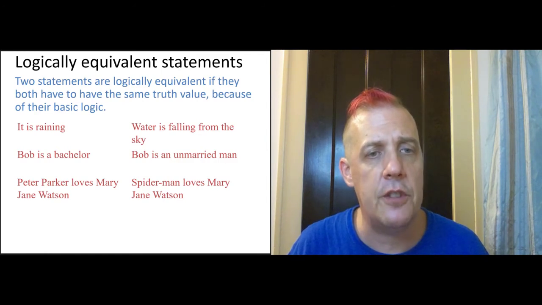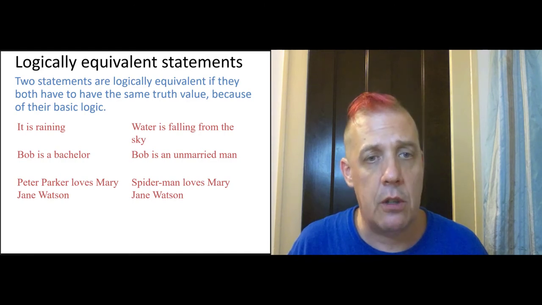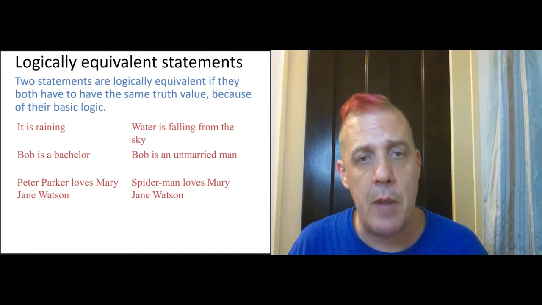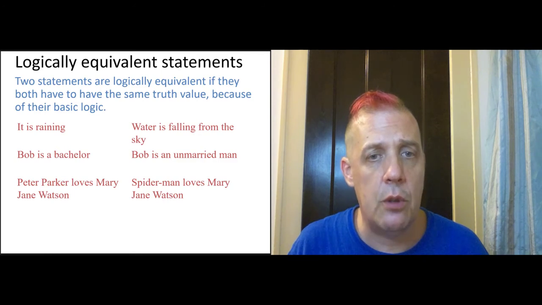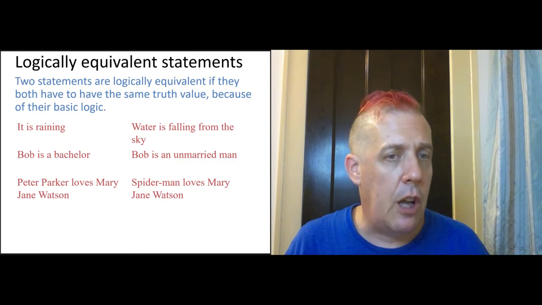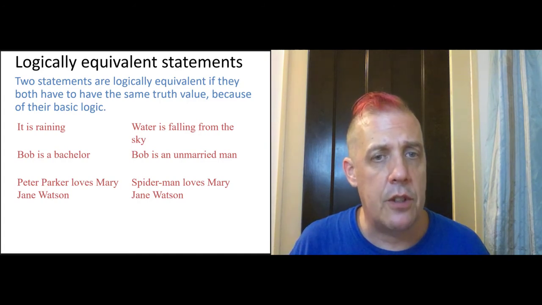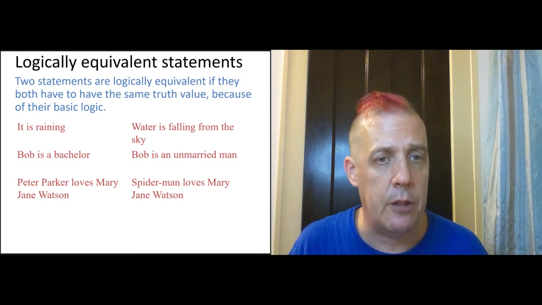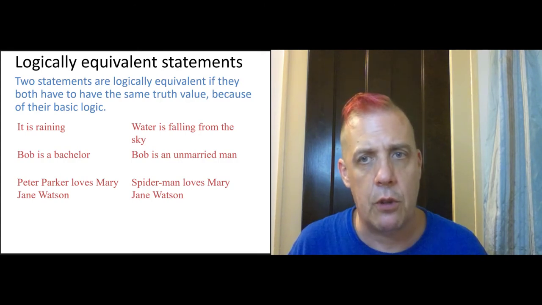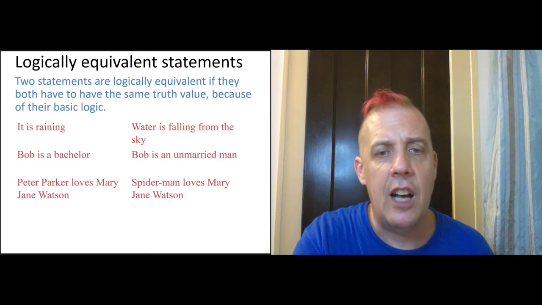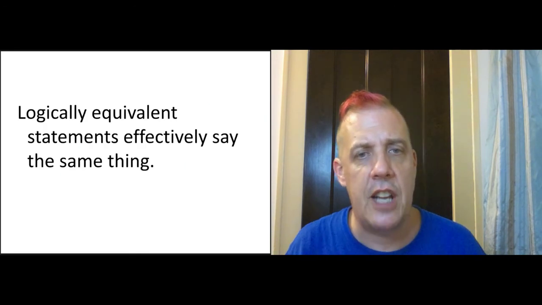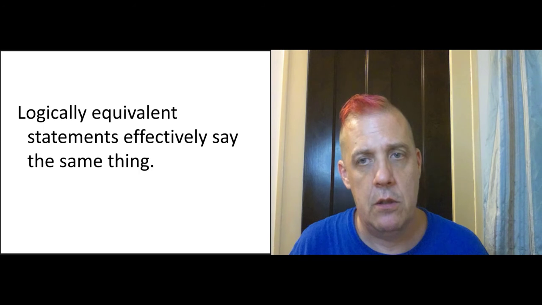If one is false, the other is false. Bob is a bachelor. Bob is an unmarried man. If one is true, the other is true. Peter Parker loves Mary Jane Watson. Spider-Man loves Mary Jane Watson. These are equivalent because Peter Parker is Spider-Man, at least in most versions of the story. Essentially, logically equivalent statements say the same thing.